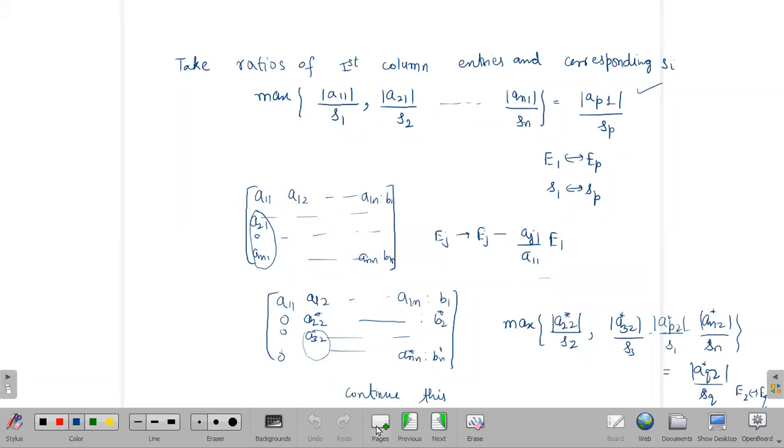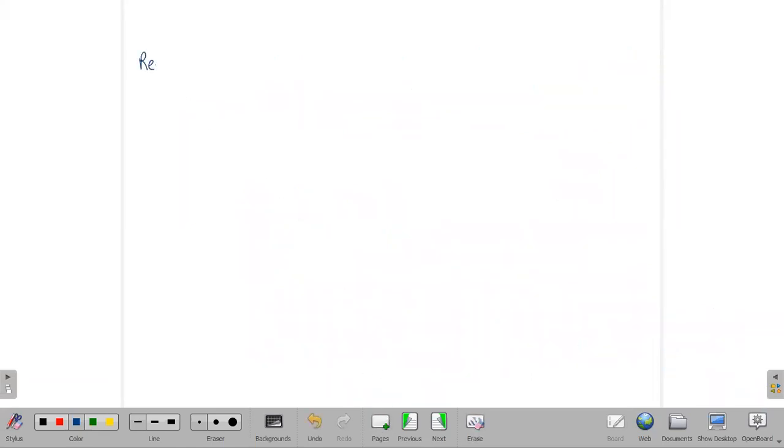So there are a few remarks here. First, you have to take care of the scale factors that you found in the first step of the scaled partial pivoting, that are S1, S2, and so on up to Sn.